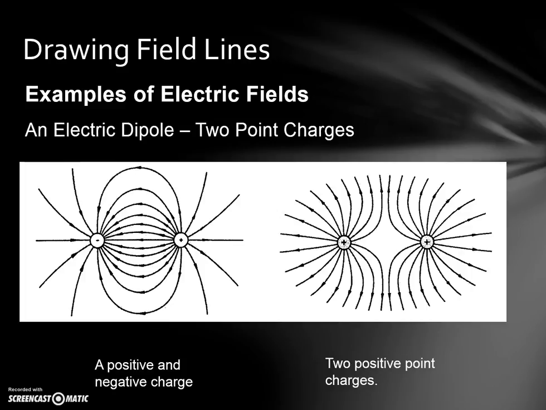If we have 2 point charges, they're going to start interacting, and it's going to depend on whether they're positive or negative charges. So in this first part here, we've got a positive over here and a negative charge, and they're interacting. Normally, as we saw in the last diagram, the lines come straight out from the surfaces of each charge, perpendicular. When we bring them close together, they start interacting, and we know that opposite charges attract.